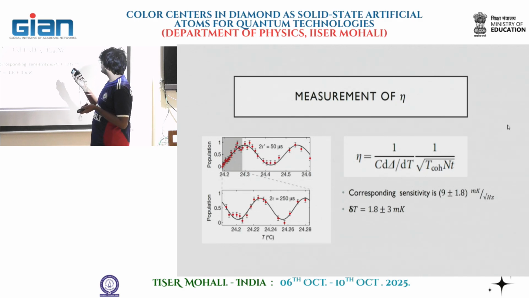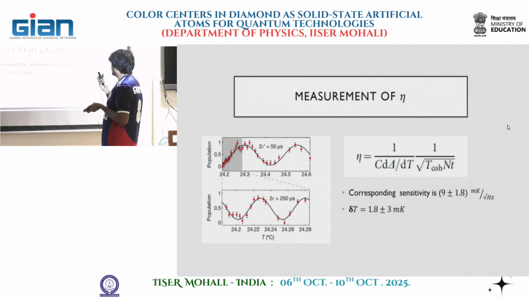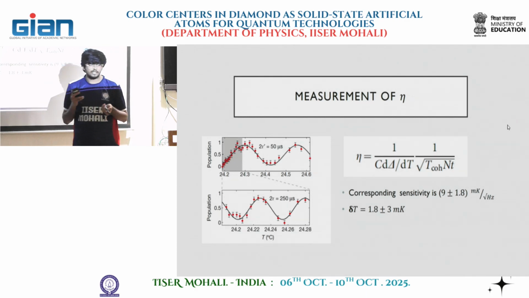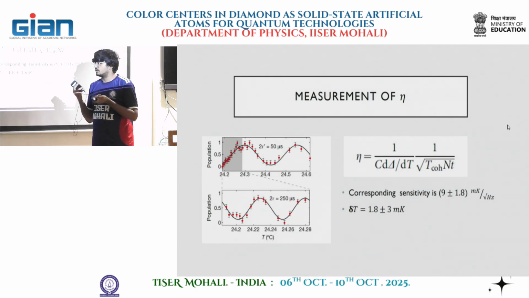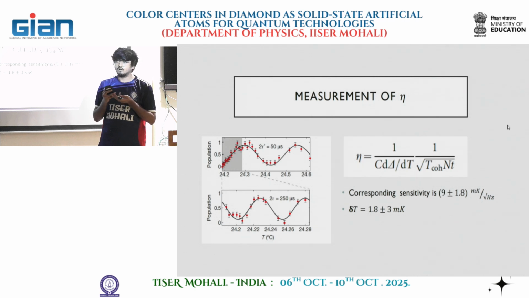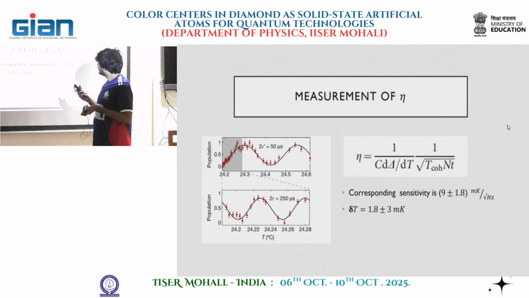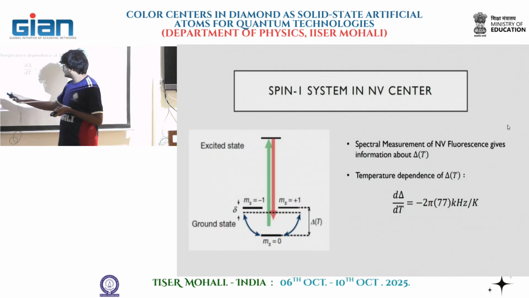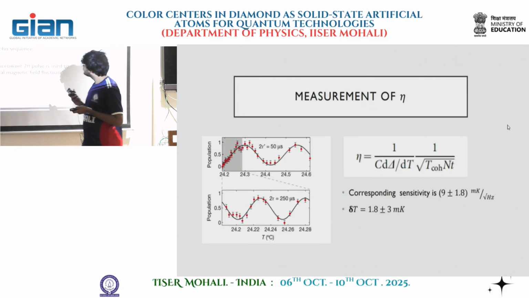And we have this formula for sensitivity, which is 1 over C d delta by dT multiplied by 1 over root T coherence N t, where C is a factor which basically gives your contrast, or how clear the imaging is. d delta by dT is basically the temperature dependence of this zero field splitting.